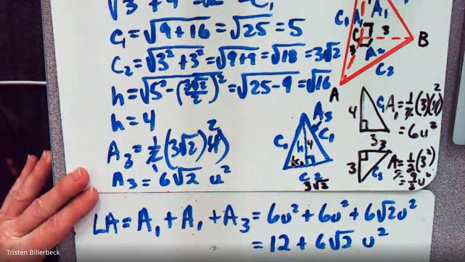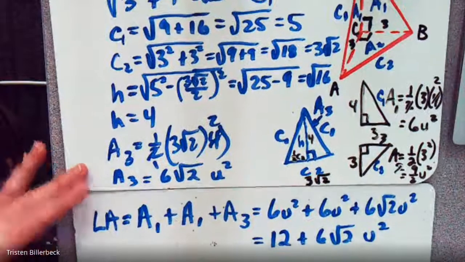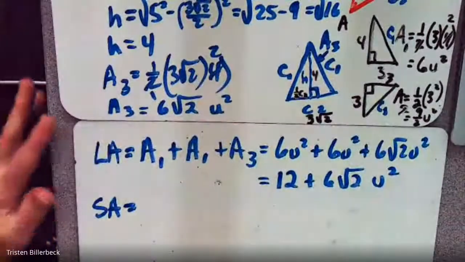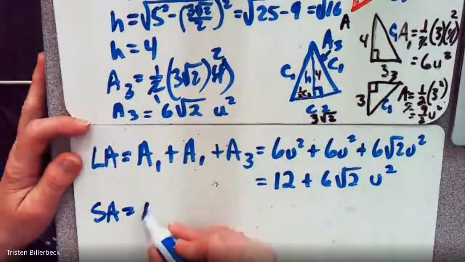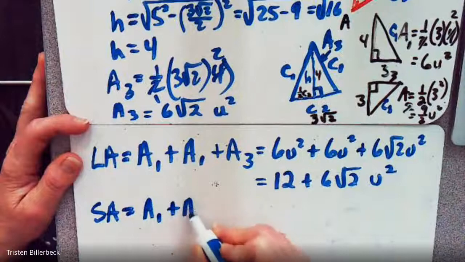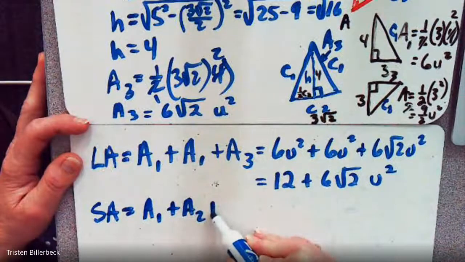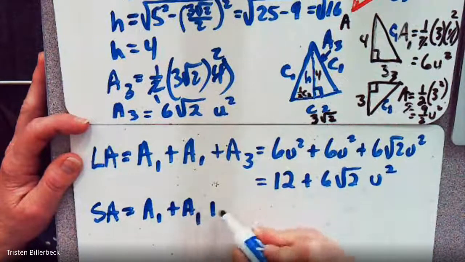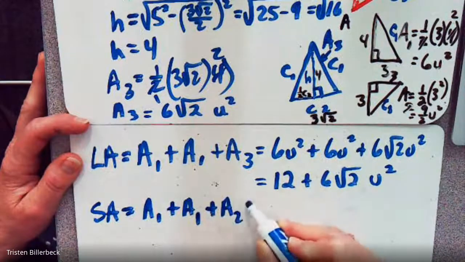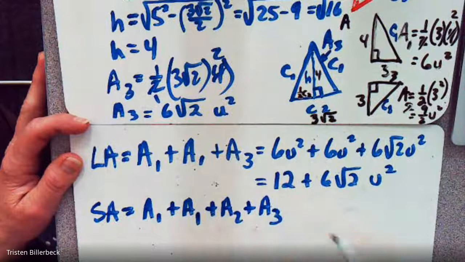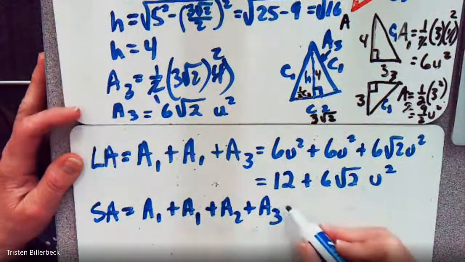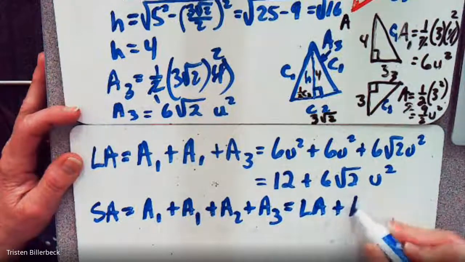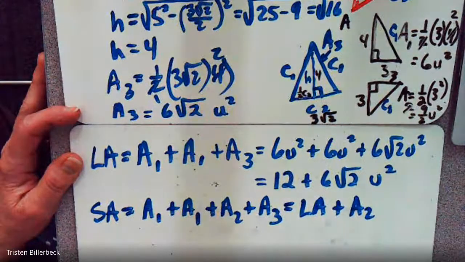The total surface area, abbreviated as SA, is now going to be 2 A1s plus A2 plus A3. Okay, so all we're going to do is take the lateral area and we're going to add A2 to it, basically.